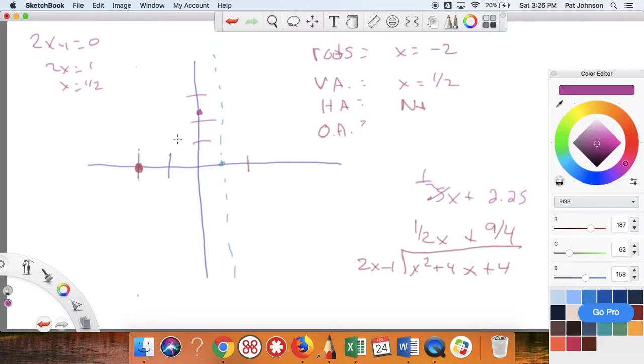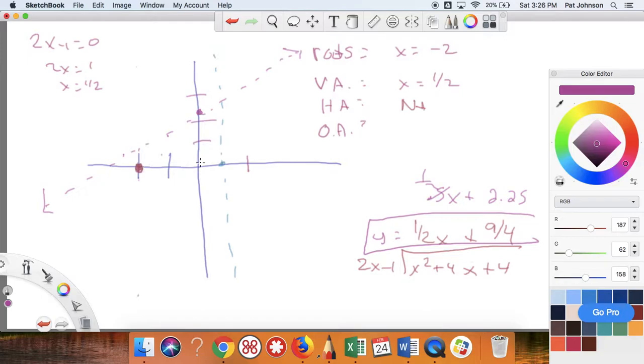So we're going to go down 1, over 2, down 1, over 2. So basically we have a vertical asymptote at that line. So we're just graphing the y equals mx plus b equation. Okay, that's our vertical asymptote. So we know it's going to cross here.